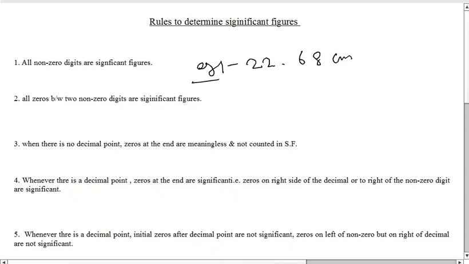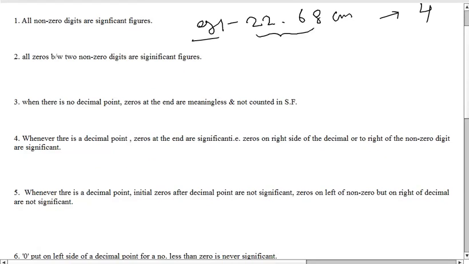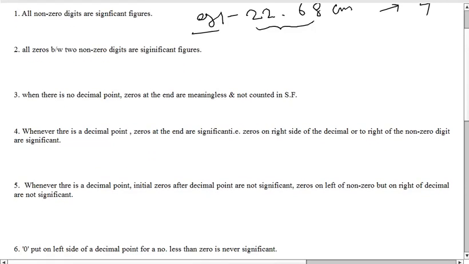All these are non-zero numbers, so the number of significant digits is 4. All non-zero digits are significant digits. Understood? First part. Okay, noted, and keep on noting it down.